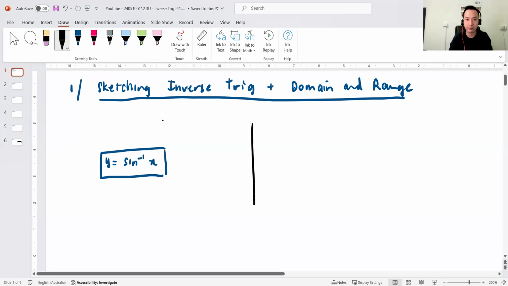For those that remember, the sine inverse graph is basically a sine curve on its side. It looks like that, where this is 1, this is -1, and the two endpoints are pi on 2 and negative pi on 2. That is essentially your sine inverse.